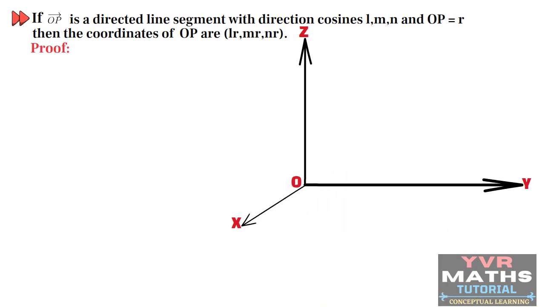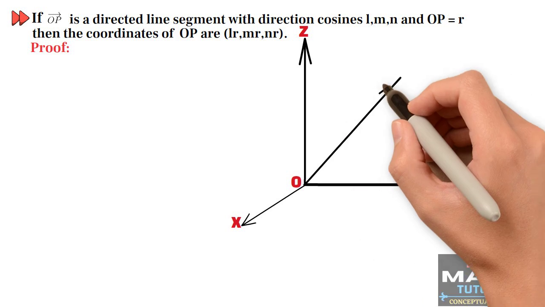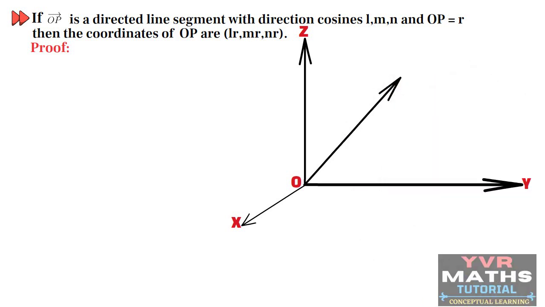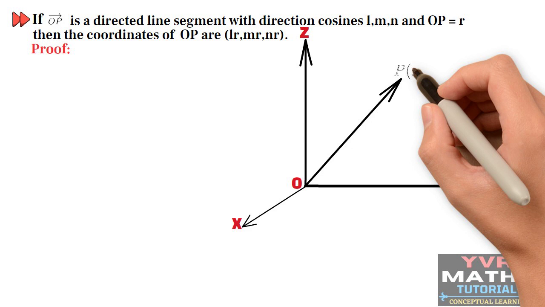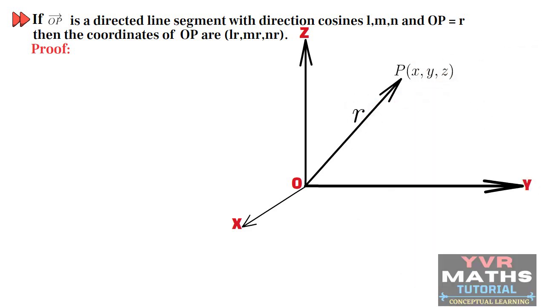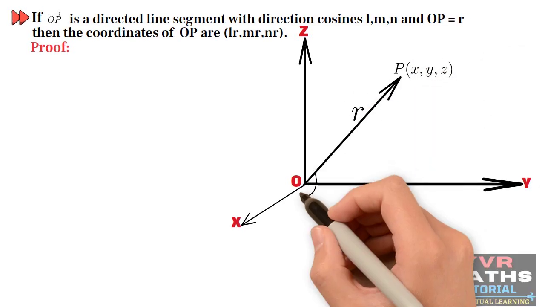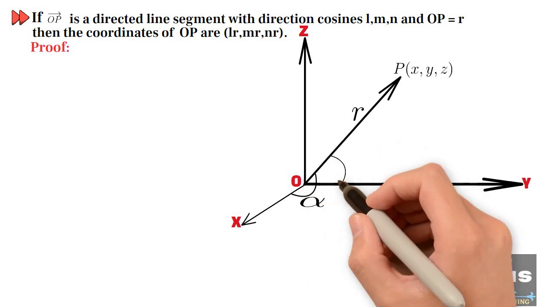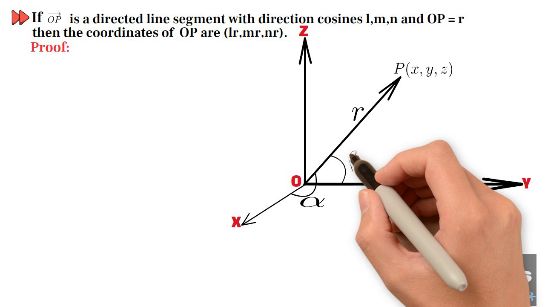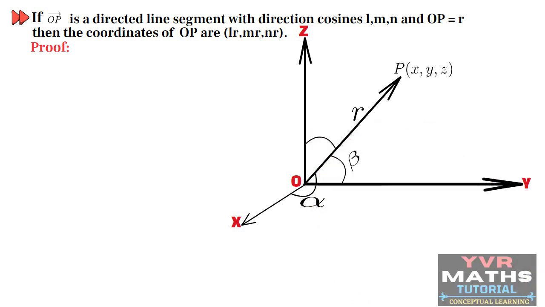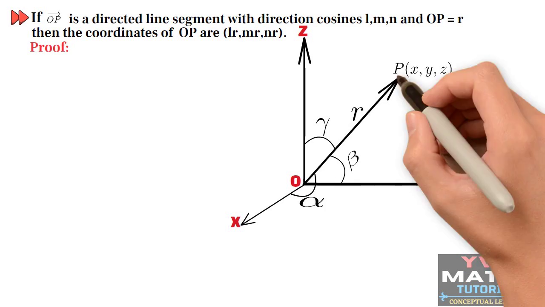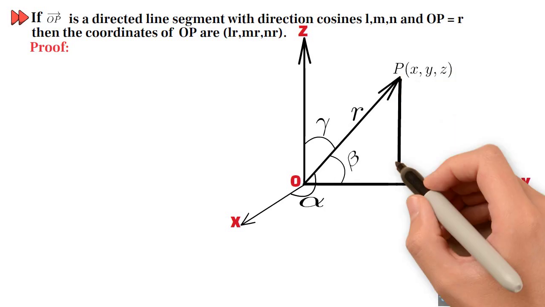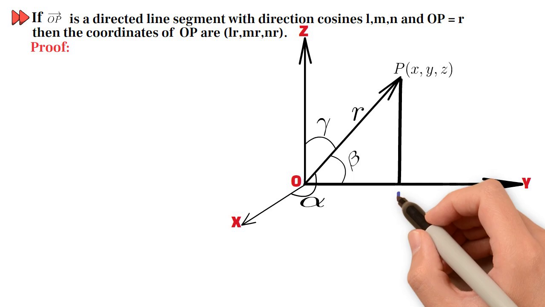Let us consider a directed line OP such that OP is equal to r, which makes an angle alpha with x-axis, beta with y-axis, and gamma with z-axis. Now draw a perpendicular from the point P onto the y-axis.